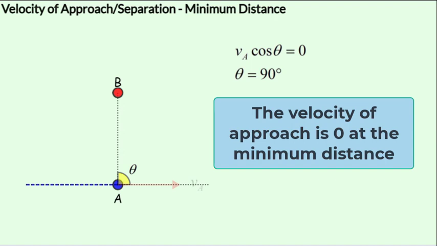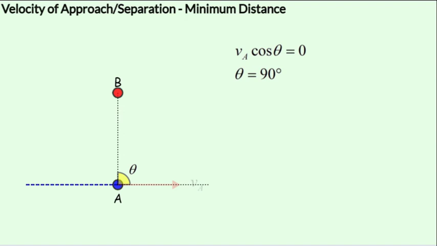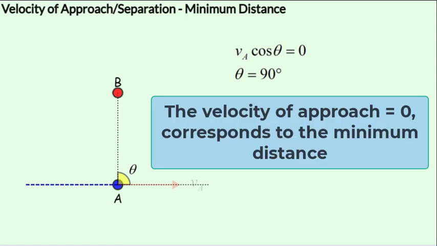And as the ball A further travels to the right, this will change into the velocity of separation. So mathematically, in order to find the minimum distance, we need the velocity of approach to be 0, and in this case it occurs when theta is 90 degrees.